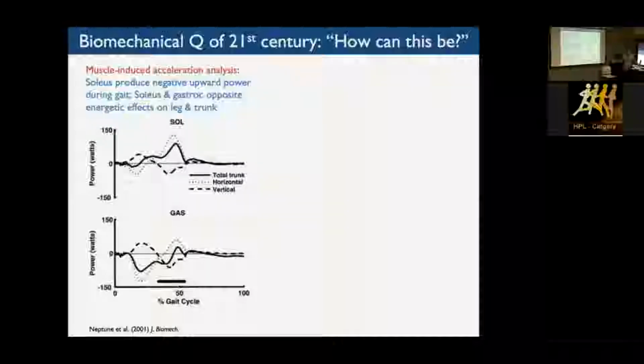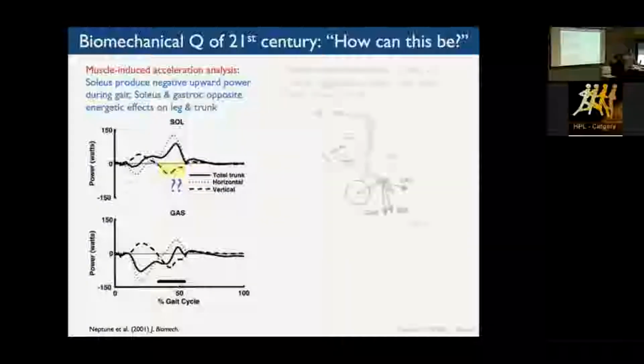So over the years, I've gotten lots of questions about how can this be? Let me just use this highlight to show that that's the area that we're talking about where the soleus is contributing negative power to upward acceleration of the trunk.